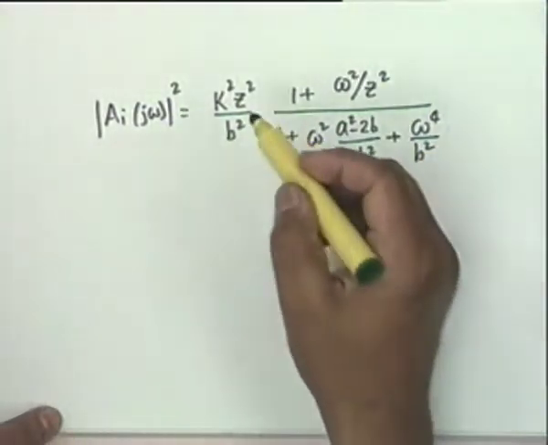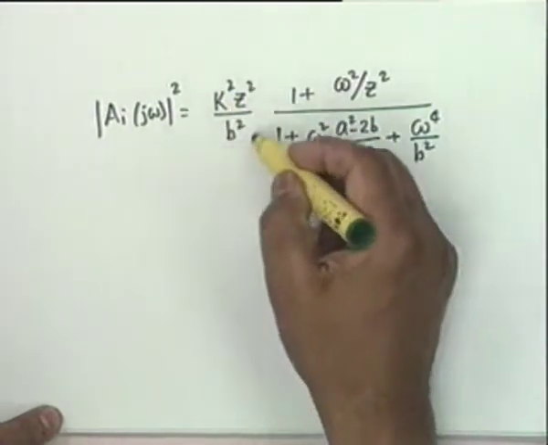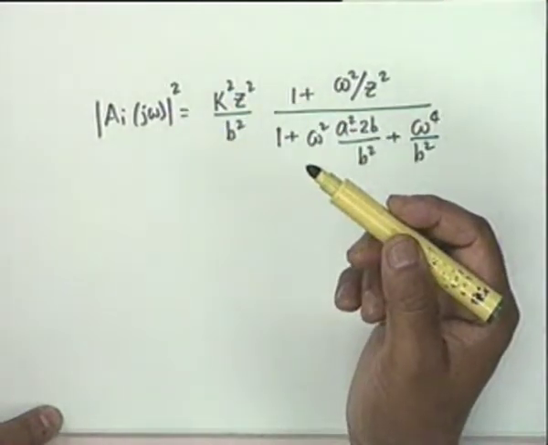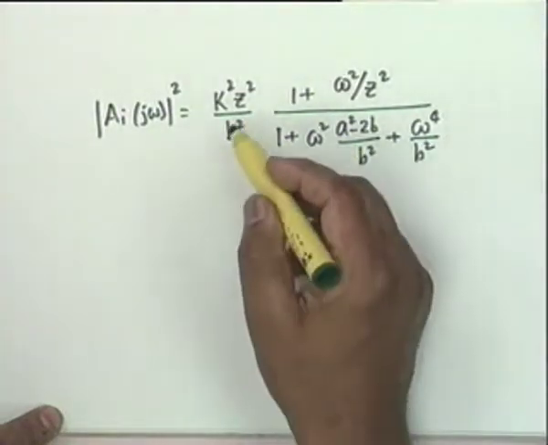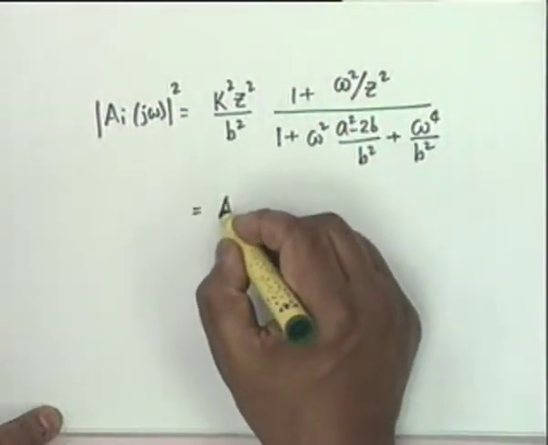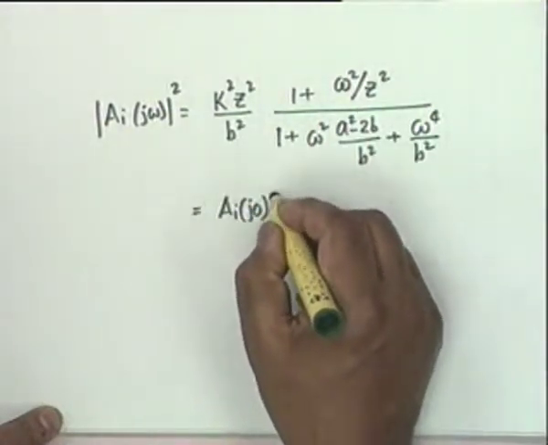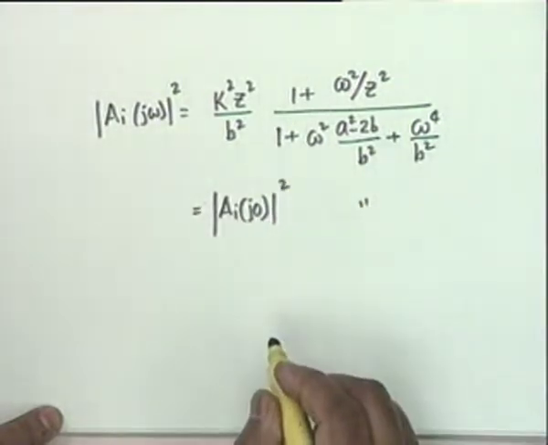And you notice that this quantity obviously represents the gain magnitude squared at omega equal to 0. Isn't that right? At omega equal to 0, this quantity becomes 1. So I can write this as |A_I(j0)| squared multiplied by the same quantity.